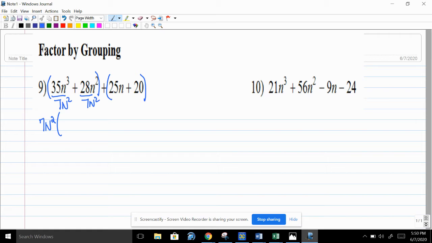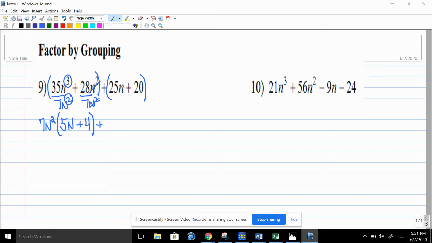Then I go term by term on the inside, and I see what happens after I took that away. 35 divided by 7 leaves me with 5. I started with 3 n's, took away 2 of them, so you're left with an n. Plus 28 divided by 7 is 4. The n squareds cancel each other out, so you have no n's left. So I got a 5n plus 4 on the inside there.